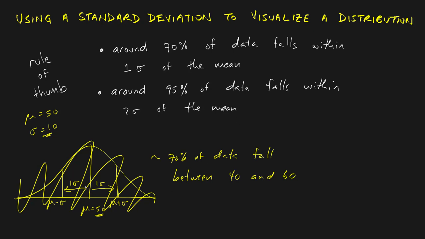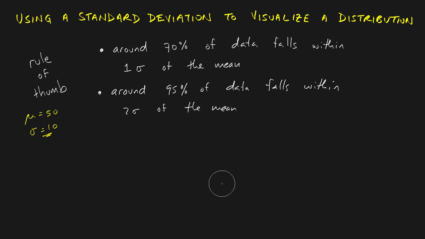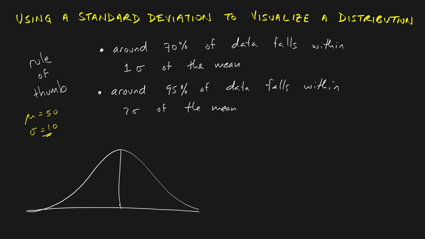So if I was, once again, to have that distribution drawn, and most of my data fell within one standard deviation of the mean, or about 70% fell within one standard deviation, then almost all of my data would be covered if I didn't just measure within one standard deviation, but if in fact I went 2 standard deviations.